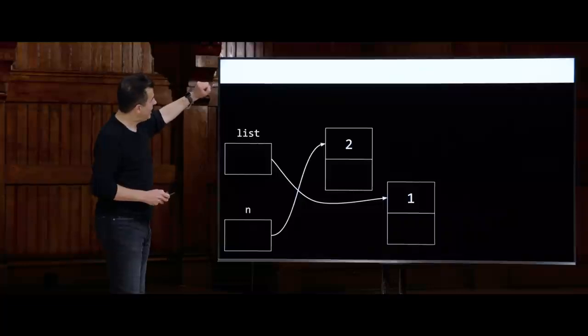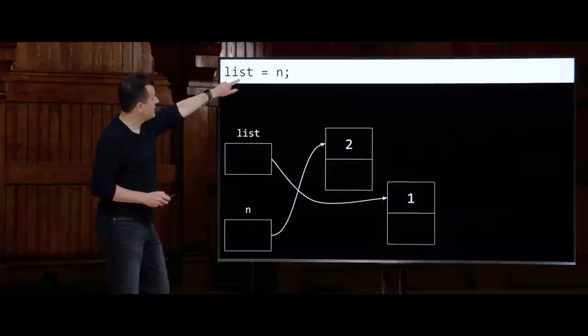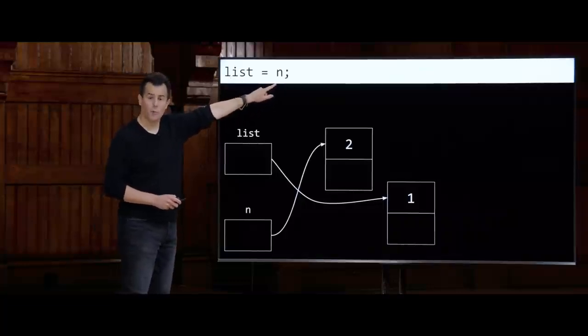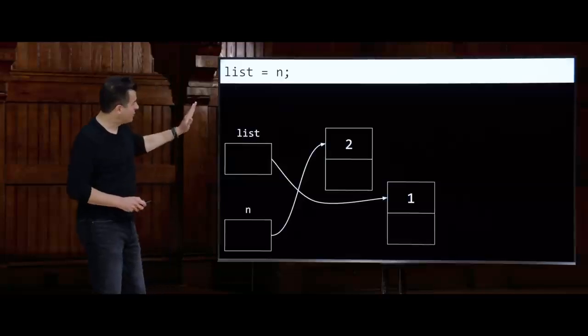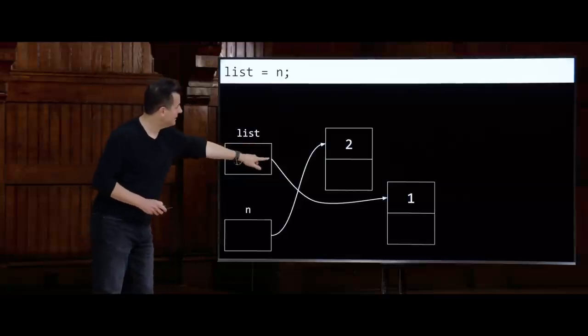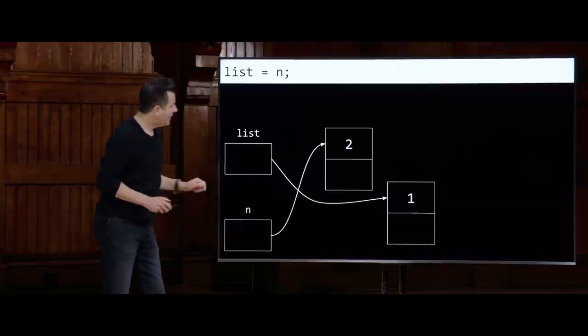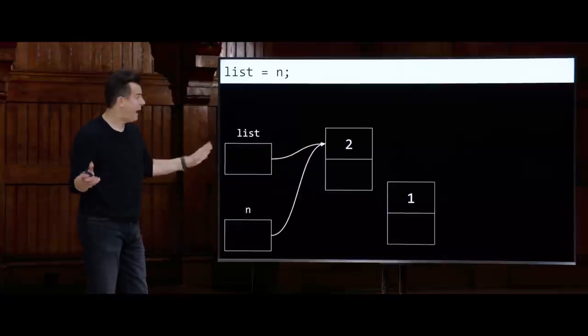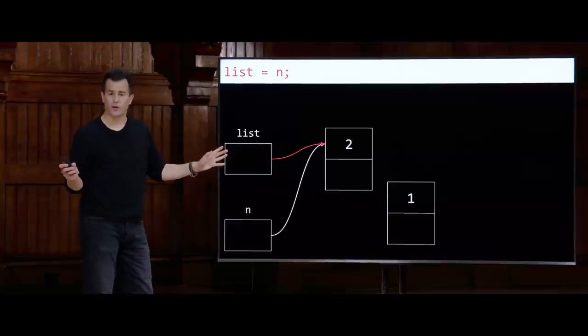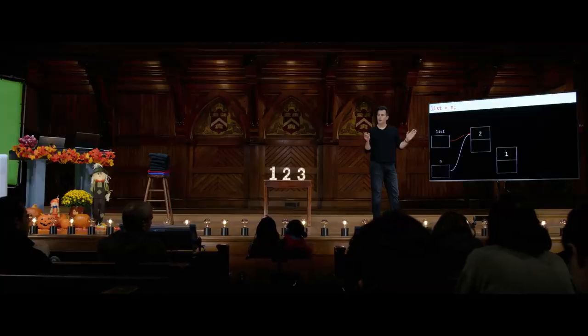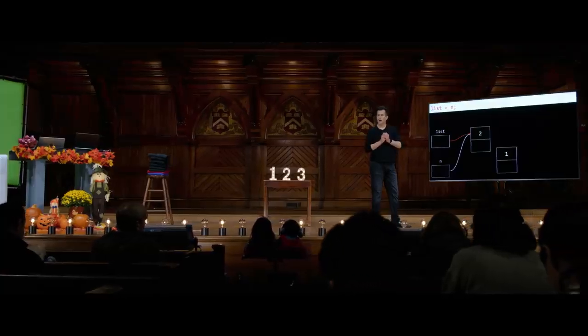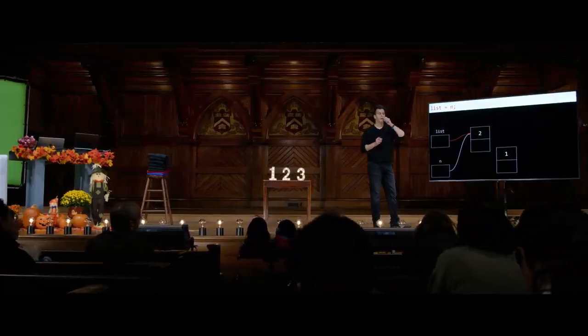If my next step is going to be set list equal to n, as it was a moment ago, that's bad, because watch what happens. If I immediately set list equal to whatever n is, and n is pointing here, that's like doing this. And this is bad, as per the red on the screen. Why? This does not link the list together. Why? Yeah.